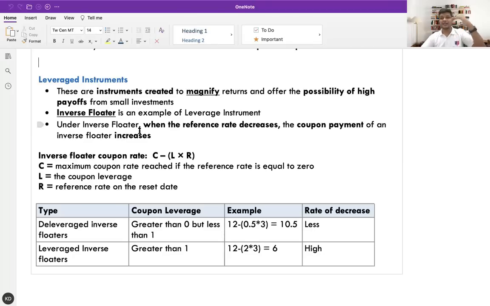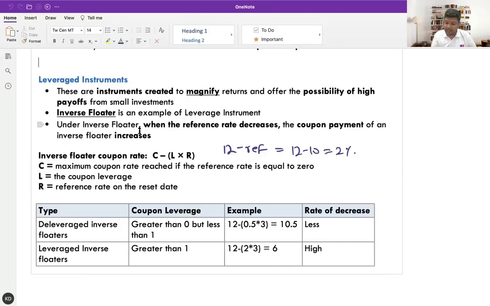Here, as the reference rate decreases, let's take an example. Let's say the structure is 12 minus the reference rate. As of now, let's say the reference rate is 10%. So how much coupon will I get? 12 minus 10, 2%.